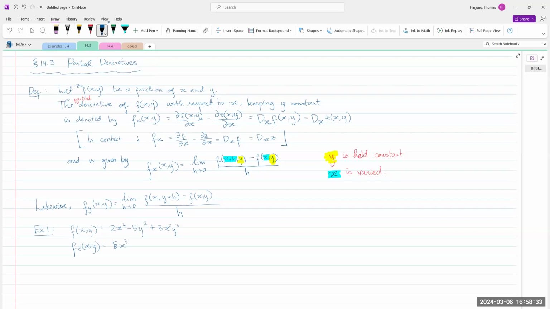Now the second term becomes 0. And then the last term, when we do derivative with respect to x, will be 6x y cubed. So we see the 3y cubed as the coefficient of x squared. So we keep that 3y cubed, and then the derivative of x squared becomes 2x. That's how we get that.